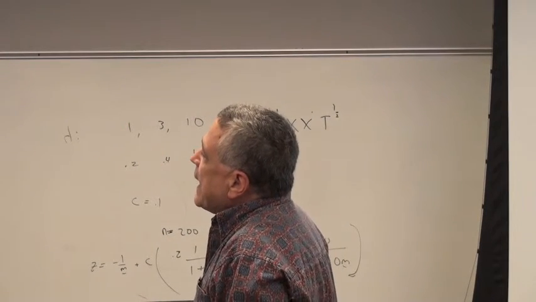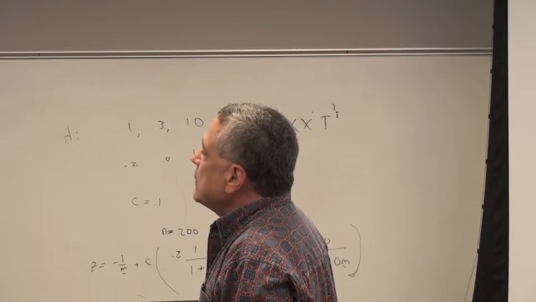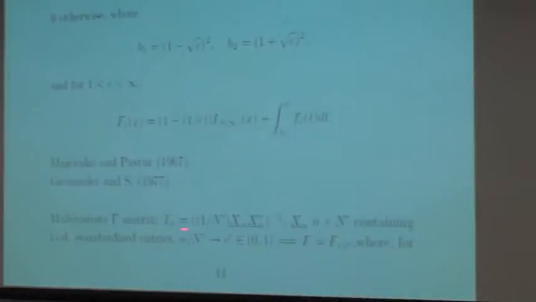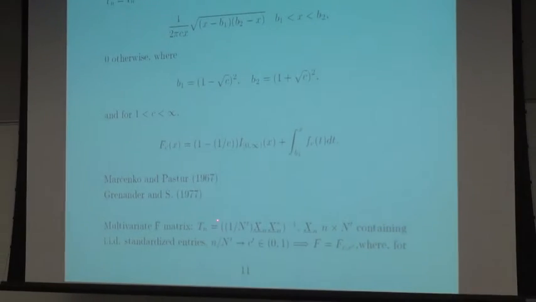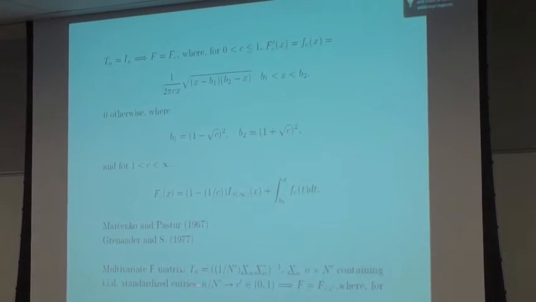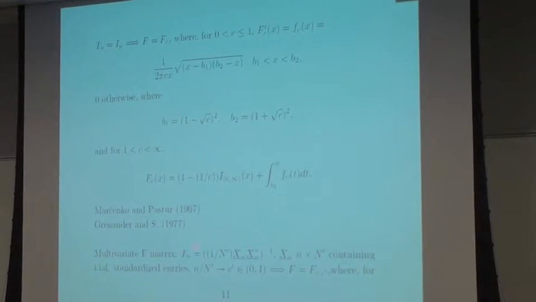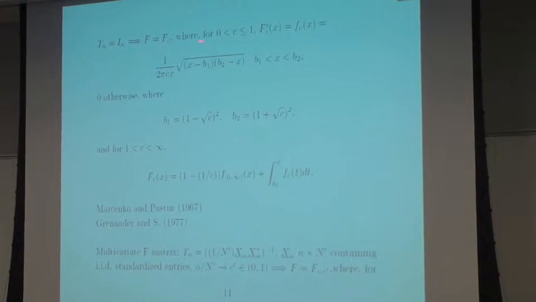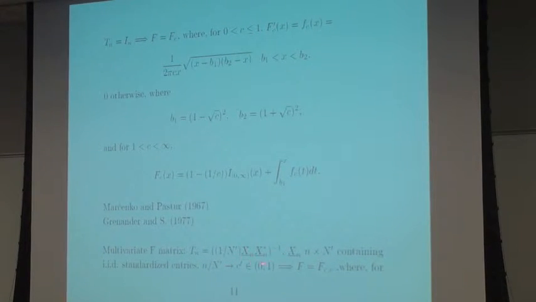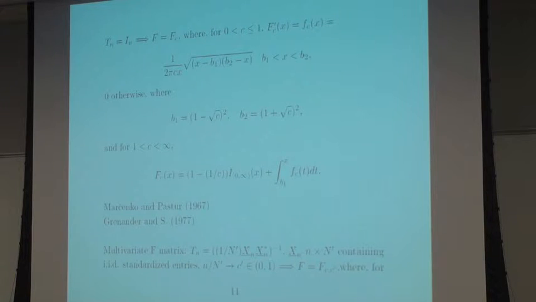And here's another case where you have a multivariate F matrix. That's the case where your population matrix is random also and is the inverse of another matrix, like what you'd get up here, just another matrix full of IID variables.